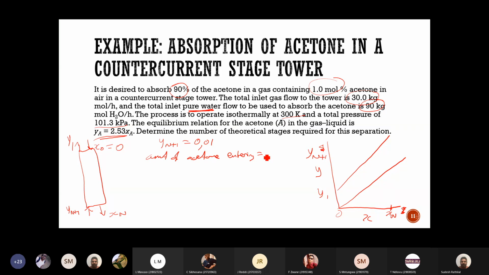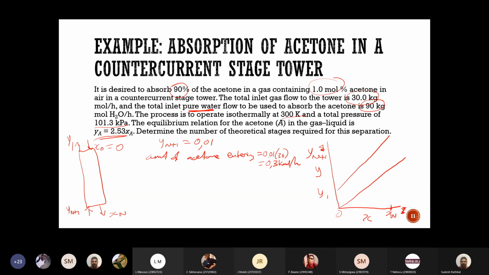That will be equal to 0.01 of 30, because 30 is the flow rate and 0.01 is the concentration. That gives us 0.3. So 0.3 kilomoles per hour coming in. That is the acetone coming in.